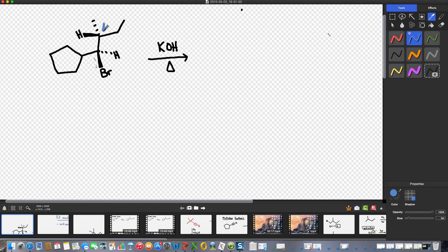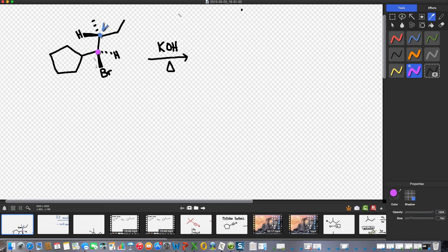So we have another example, and in this one I'm going to call this carbon that I've rendered in blue the front carbon, and this carbon in magenta the back carbon.